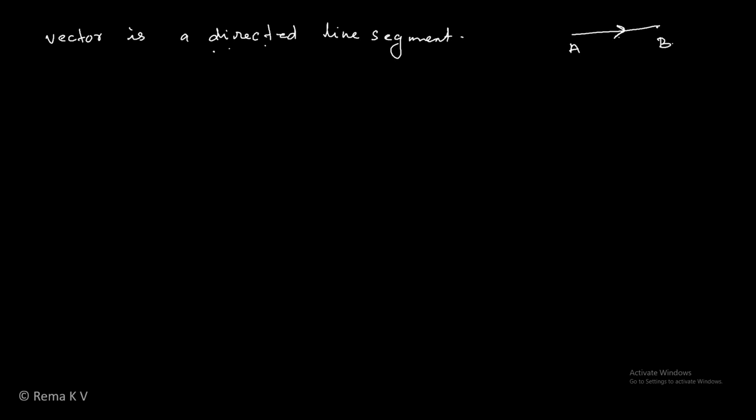This directed line segment AB is a vector, which is denoted by vector AB, or we can write this as vector A. So vector is a directed line segment, and here AB is a line segment and the direction is indicated by this arrow mark.